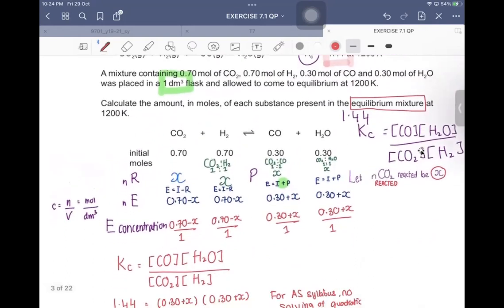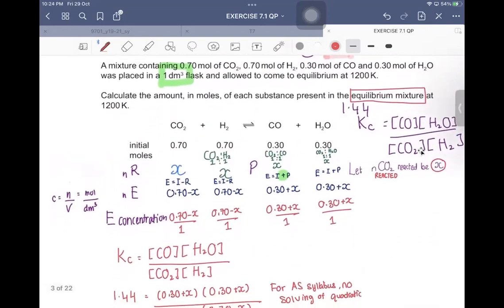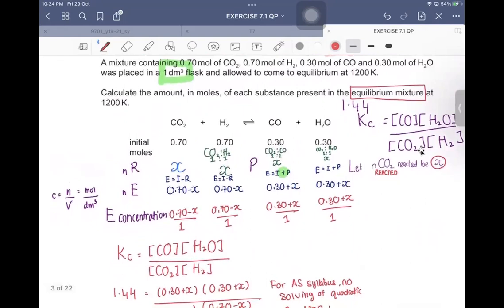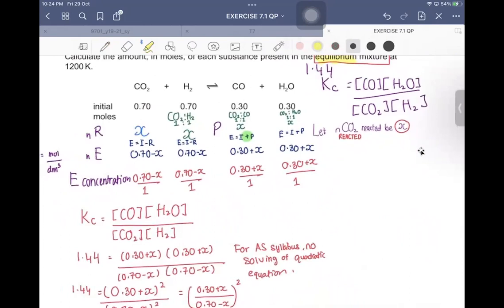Calculate the amount in moles of each substance present in the equilibrium mixture. Don't leave your answer in X because that's not answering the question. They want the value at equilibrium, whereas your X is for the amount that reacted. Some students ask me, what if I make my number of moles at equilibrium X?